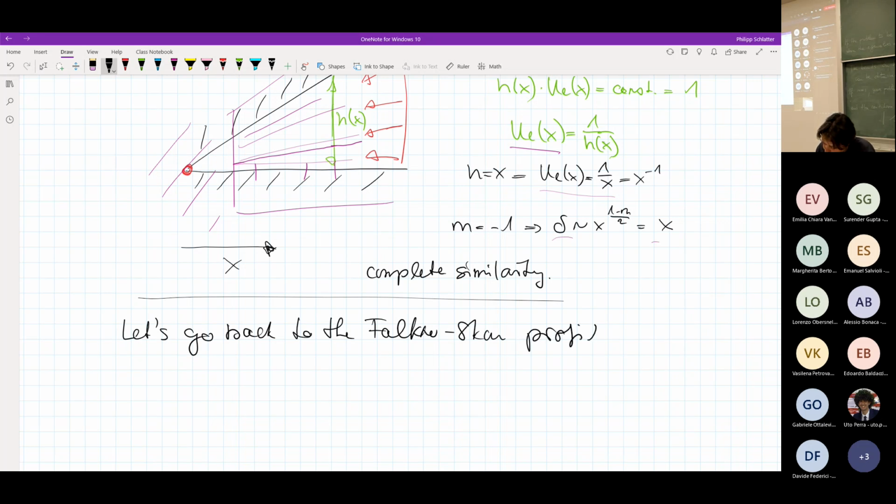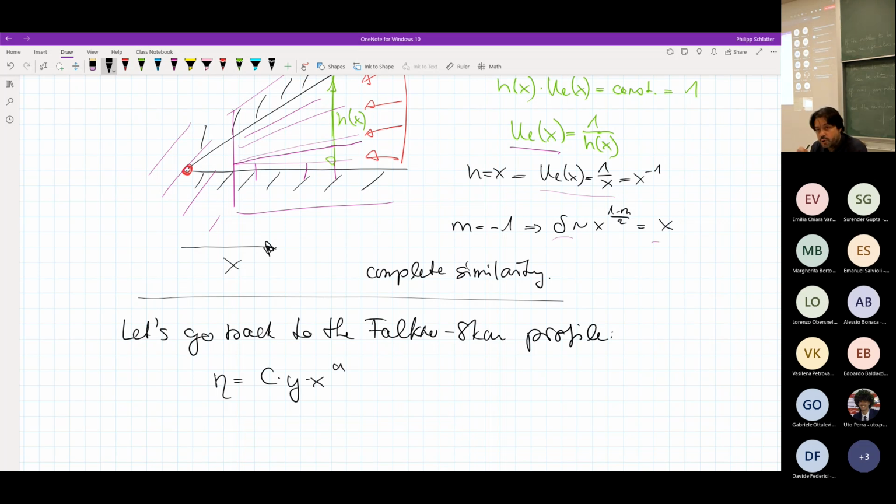If you remember, we said that this eta, the similarity variable, is c times y times x to the a. That was the first thing that we mentioned.